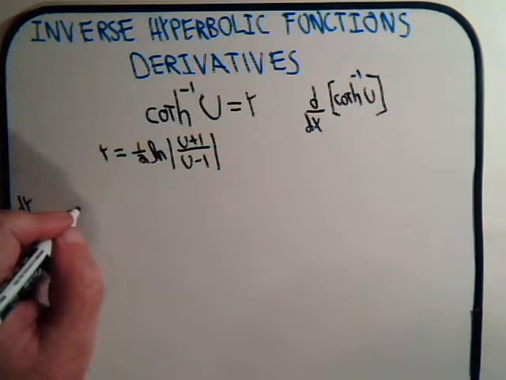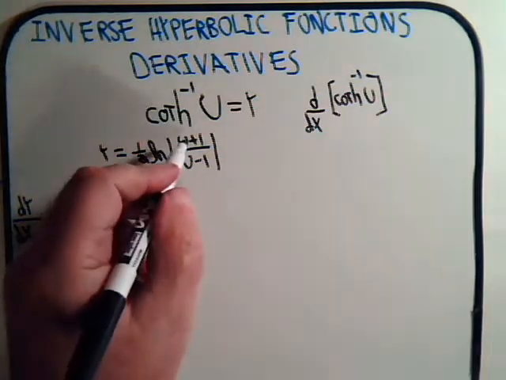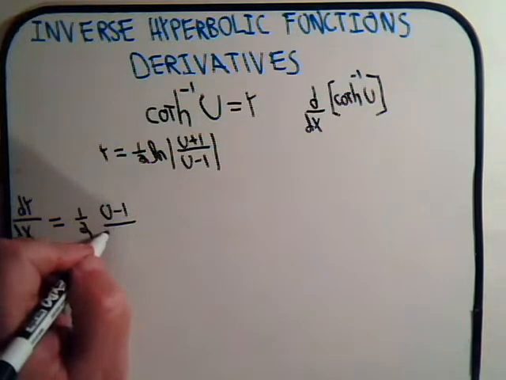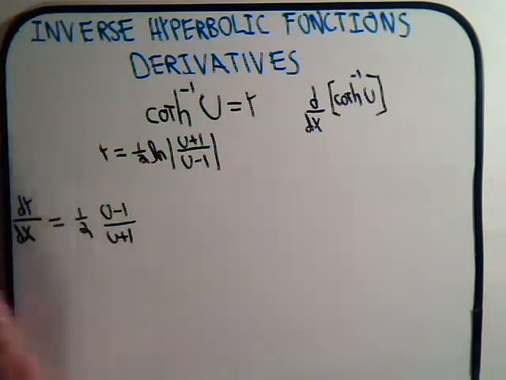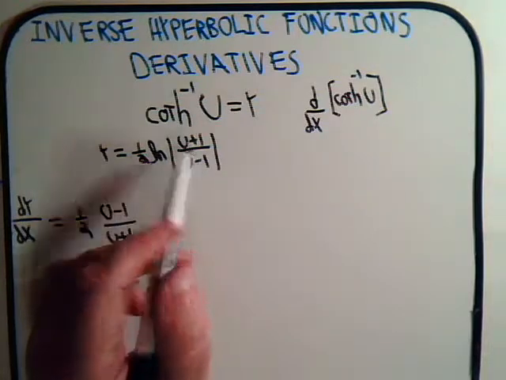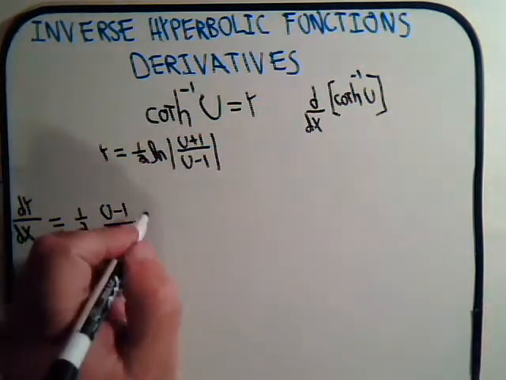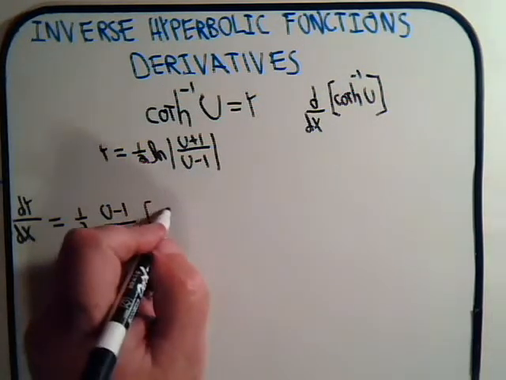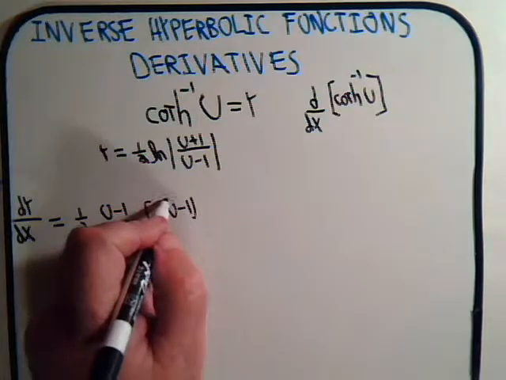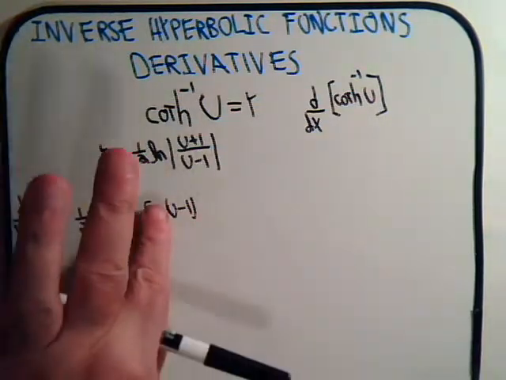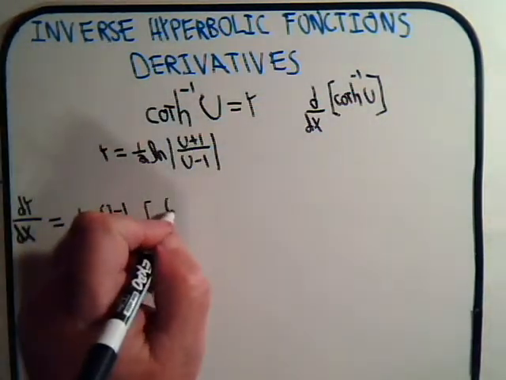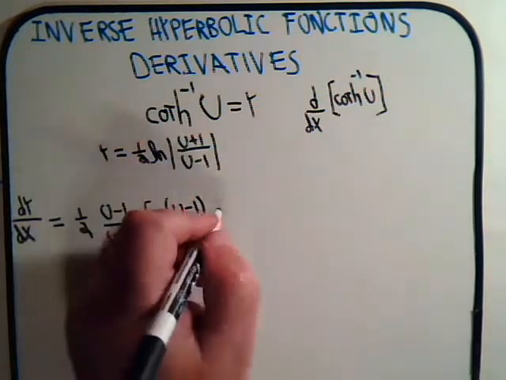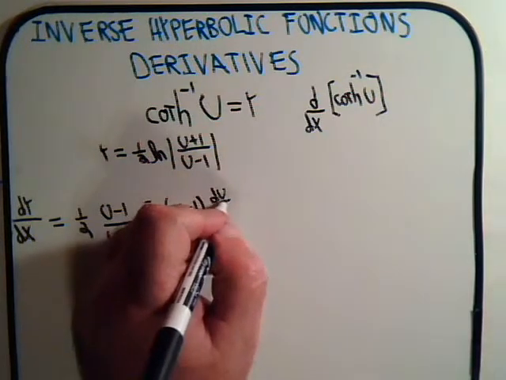That will equal 1/2 times 1 over this expression, or that would be the reciprocal of this. Then we have to multiply that by the derivative of this expression. So we're going to have u minus 1 times the derivative of this, which is just going to be du/dx.